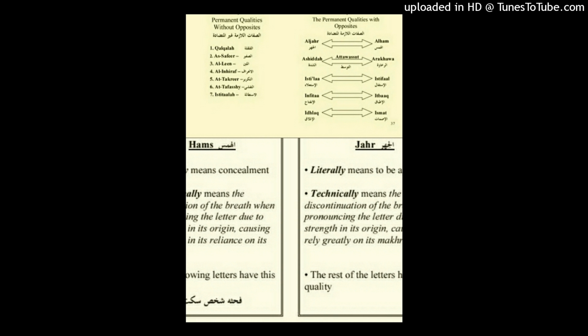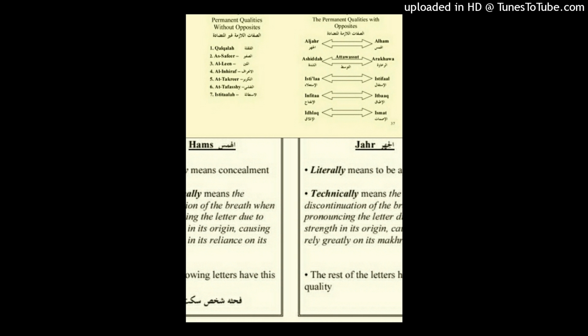Now, as you see, this is the first permanent quality with opposite, which we call Alhems. Alhems means to conceal or to hide, and we can also call it the whispering.